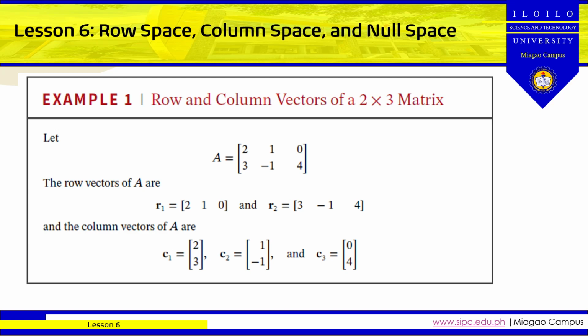And the column vectors of A are c sub 1, c sub 2, and c sub 3, wherein c sub 1 equals (2, 3), c sub 2 equals (1, negative 1), and c sub 3 equals (0, 4).